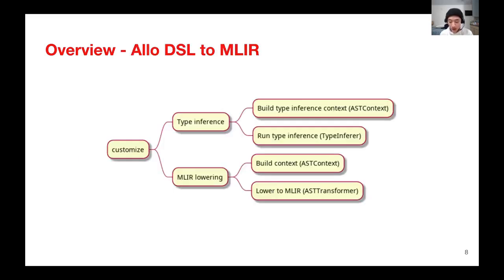Let's dive deeper on how we go from Allo DSL to MLIR. This process involves type inference, where we infer the types and shapes of all the variables, as well as MLIR lowering, where we lower the abstract syntax tree into MLIR.